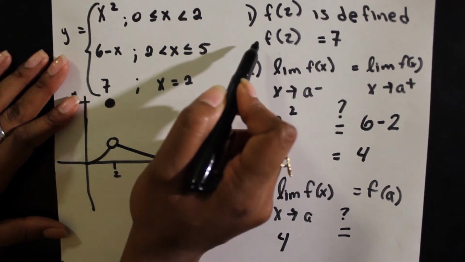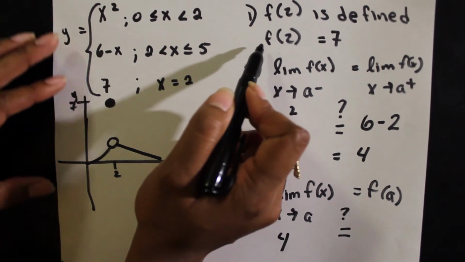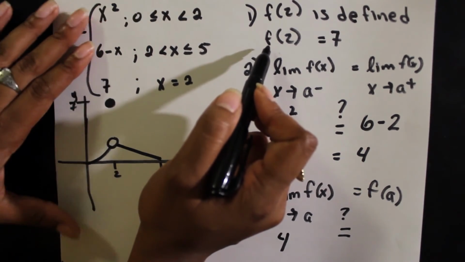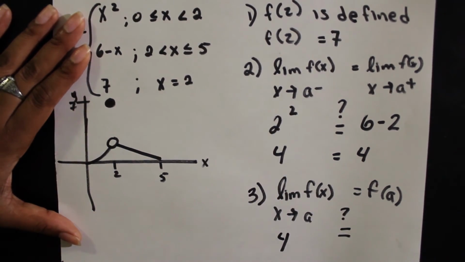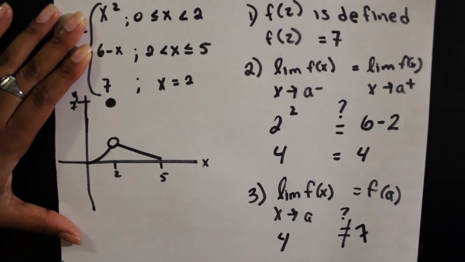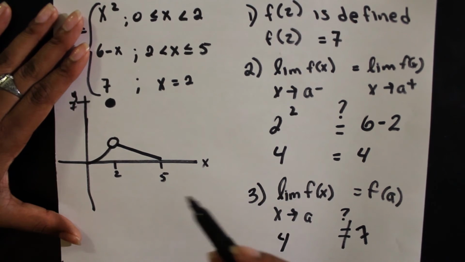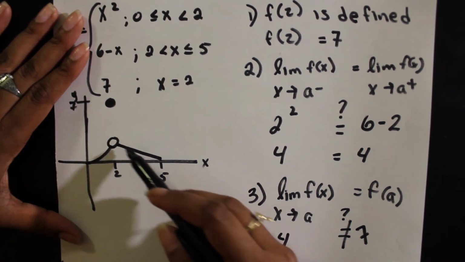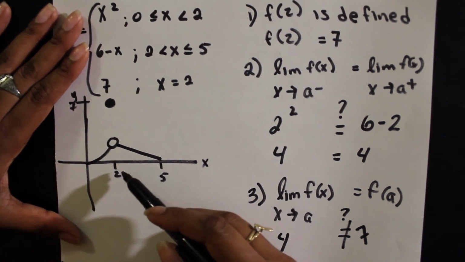This first part is where we determine f of a, and we got 7. So 4 does not equal 7. So we would say this function is not continuous at 2.